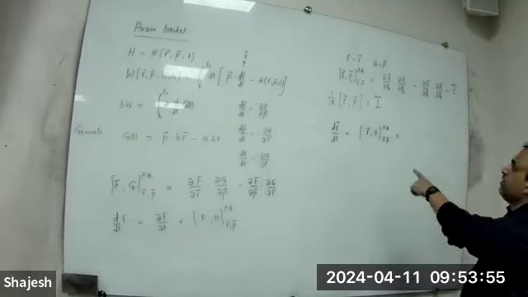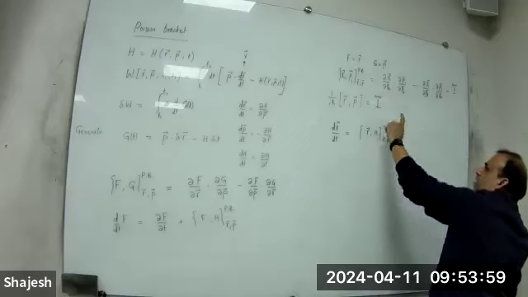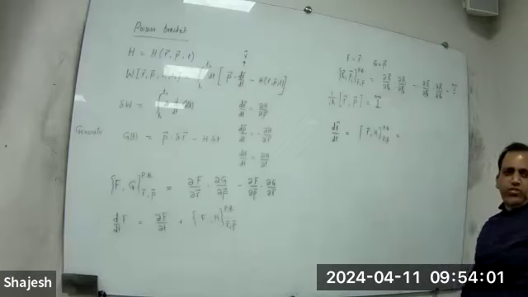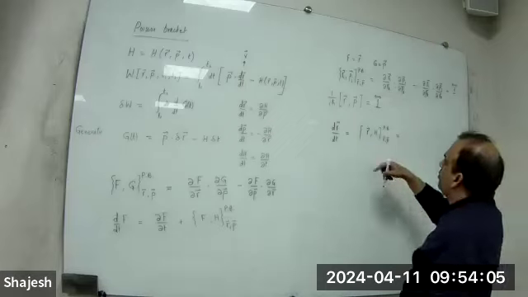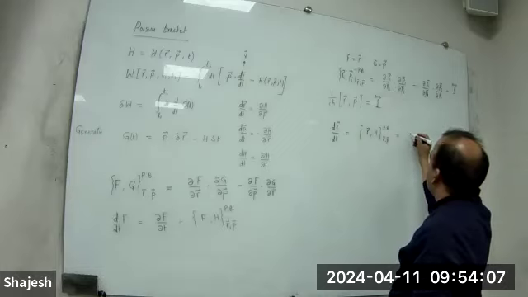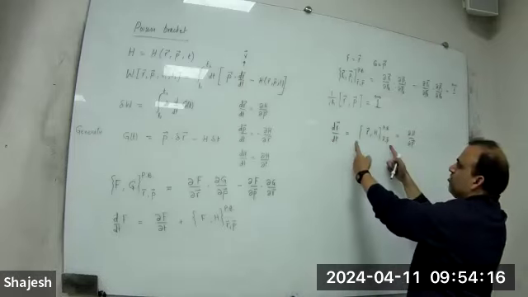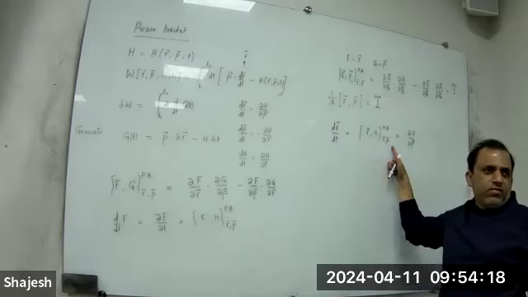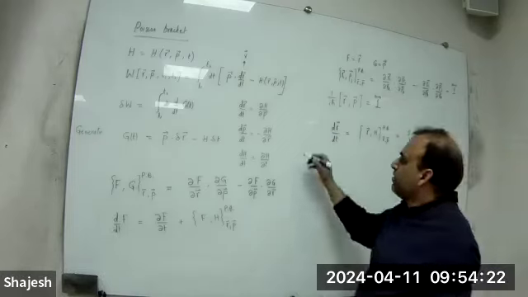If you do this again, r with respect to r will give you 1, and the Hamiltonian with respect to p remains. So this is equal to the partial derivative of the Hamiltonian with respect to p. This equation we should already know. This is new, what is in between. This is in classical mechanics.